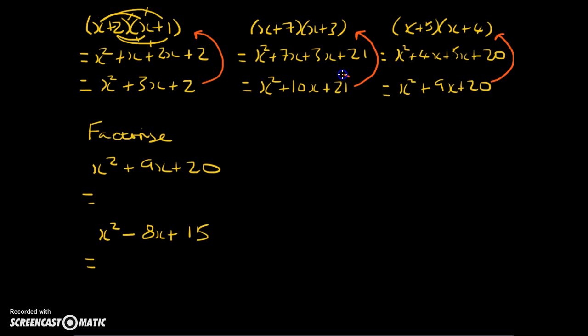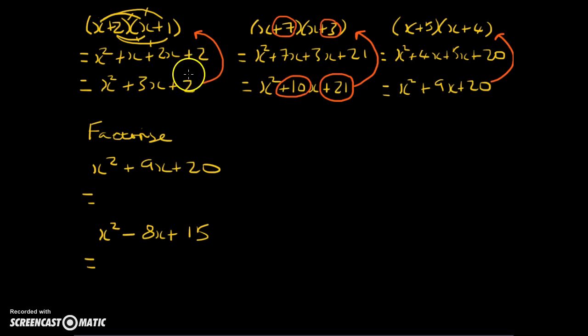So for instance, if I circle these two numbers and these two numbers, you'll hopefully notice that if I multiply together the plus 7 and the plus 3, that'll give me the plus 21, and also if I add together the plus 7 and the plus 3, that gives us the 10, the number in front of the x.